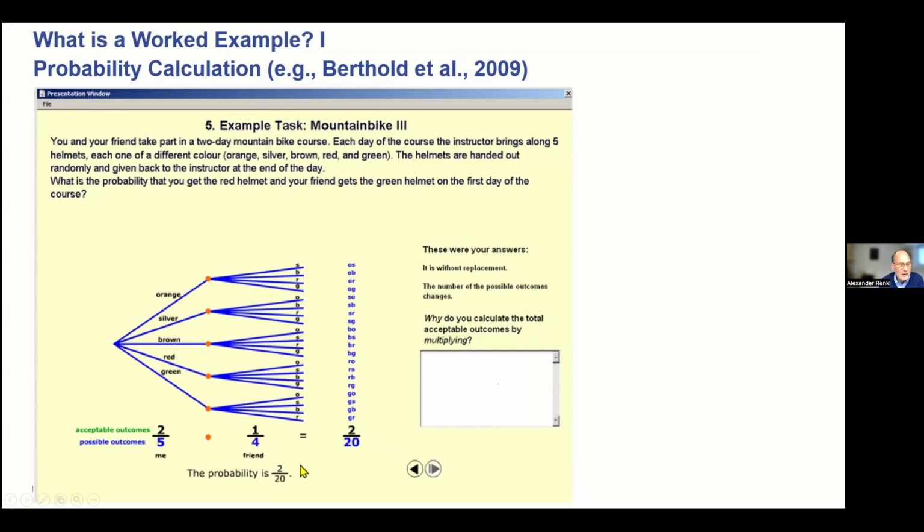And these are also self-explanation prompts, so the students have to type in answers to the questions. Why do you calculate the total acceptable outcomes by multiplying? Above there were former answers of the students. So it's not just about the solution procedure, but understanding the solution procedure.